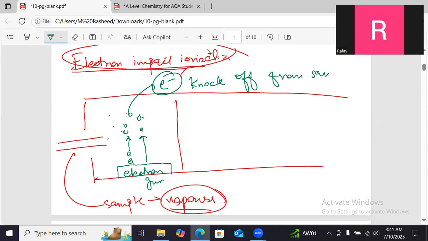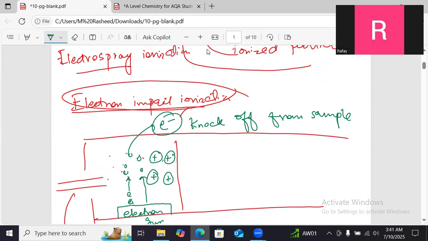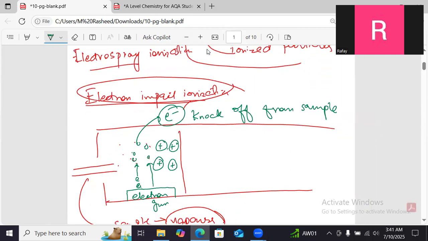So when the sample particle loses electron, we know that when an atom loses electron, it will become positively charged, right? So in both of these ionization techniques, main purpose is to ionize the sample and mostly in positively charged state.